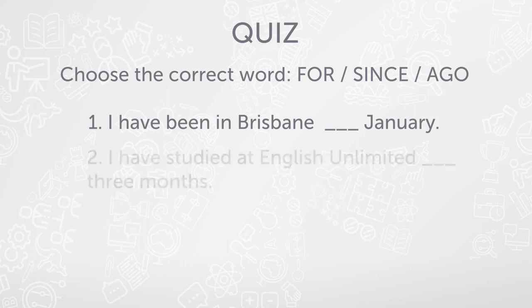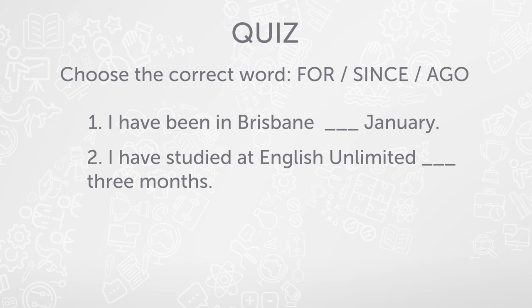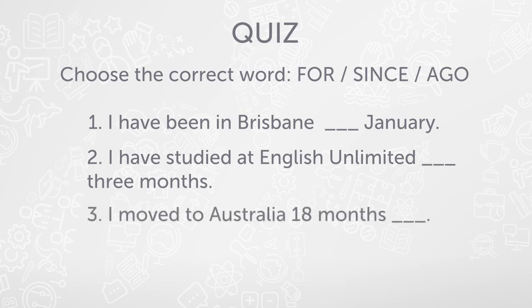Question 2. Choose the correct word. For, since, ago. I have studied at English Unlimited 3 months. Question 3. Choose the correct word. For, since, ago. I moved to Australia 18 months.